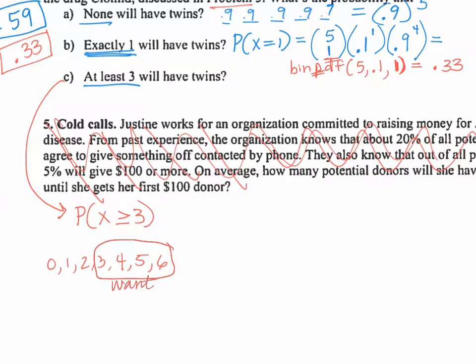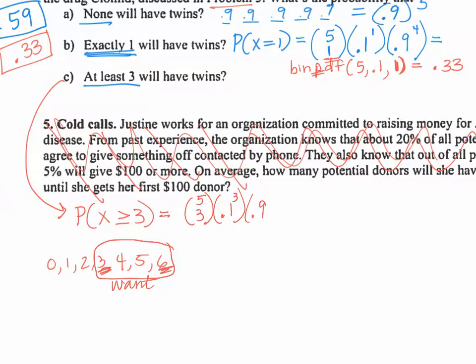Okay, so the way I can show my work is I show the first one in the sequence up to the last one in the sequence. So I would go 5 choose 3, which means the successes of 0.1, there are 3 of them.